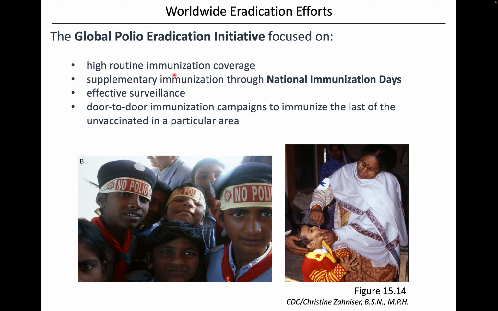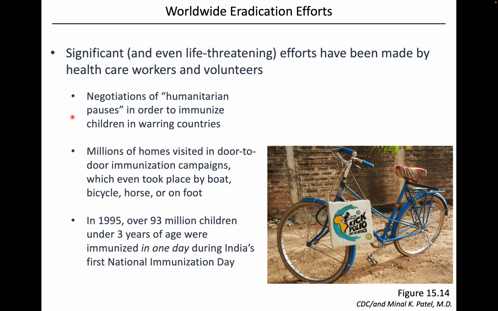So this meant surveillance efforts, just going door to door, trying to find as many kids as possible. And a lot of this was, as I said, very heroic, because some of these countries are not the most stable geopolitically speaking, being war zones, right? People risking their lives. They're very hard to get to locations in some cases.